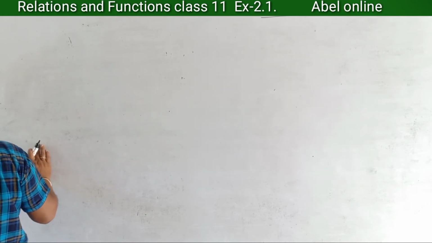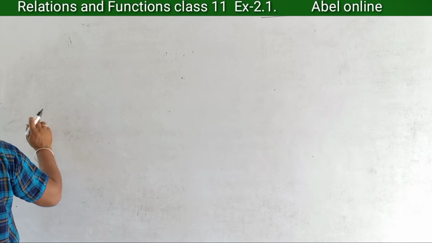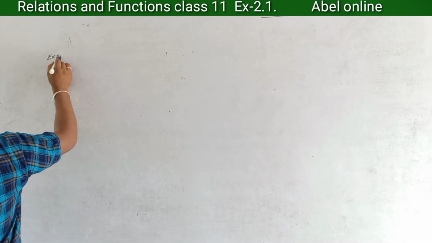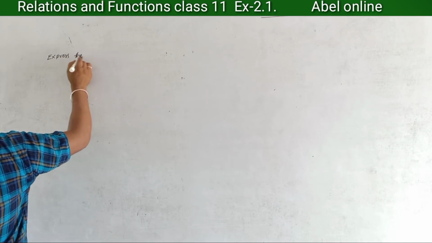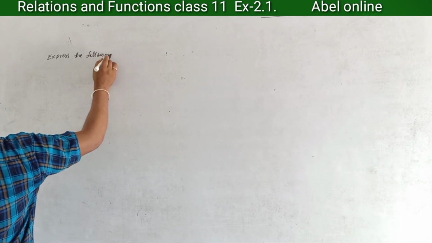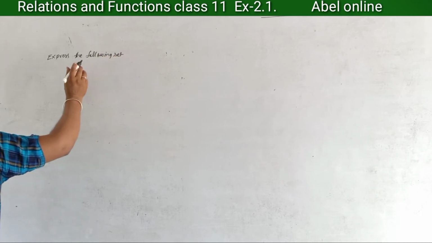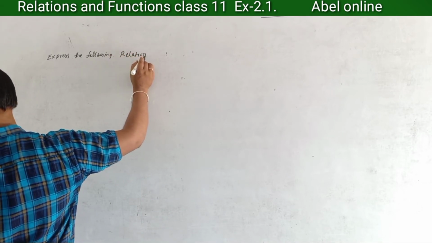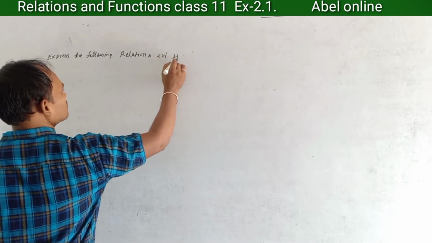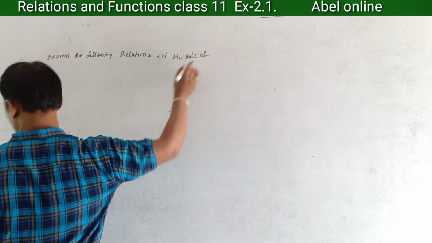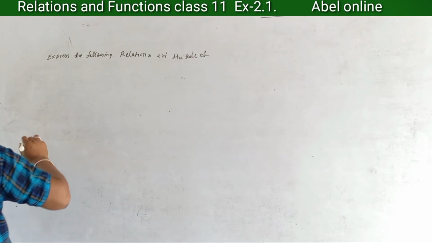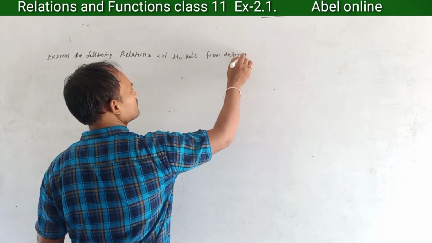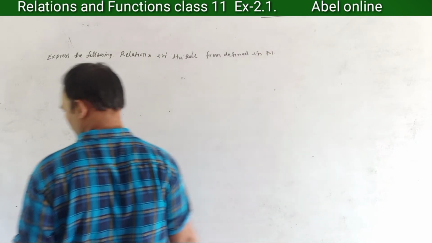Express the following relation in the rule form defined in N. So question number 2 is: express the following relation in the rule form defined in N. So what is the rule?